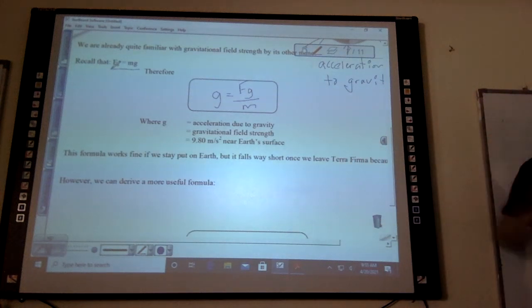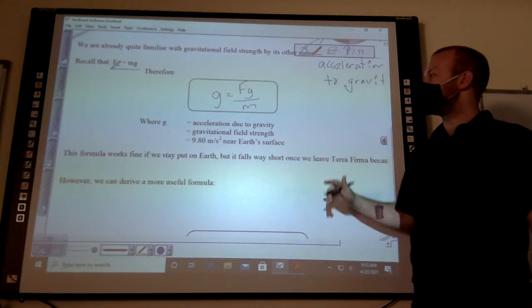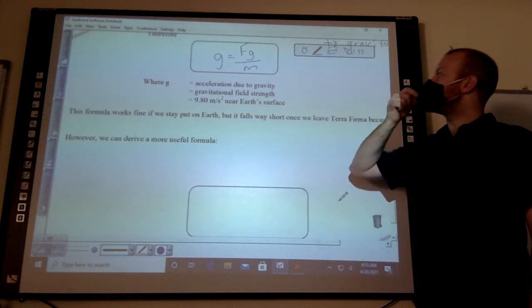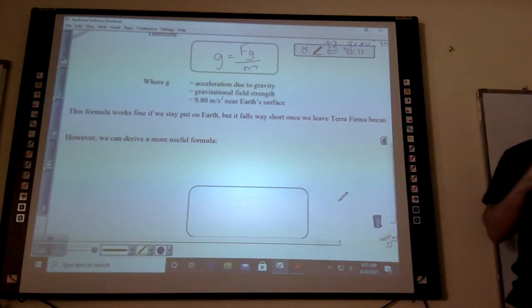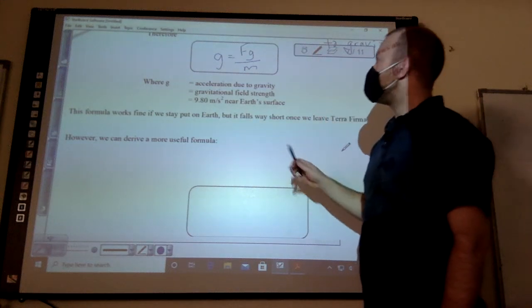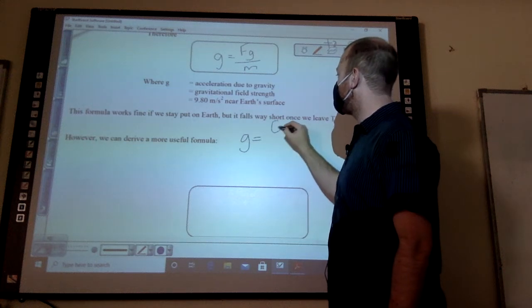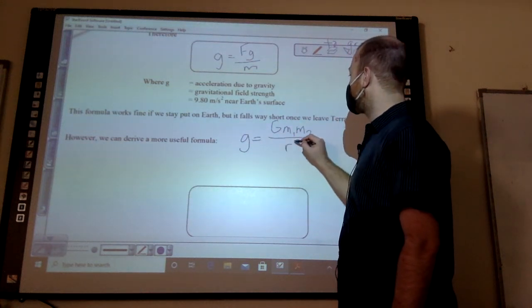You need to know both of those. Essentially on the Earth's surface, we can assume it's 9.8. However, this only works if you know either the force of gravity or the mass. Often you do not. So we can take our definition of Fg and change what Fg is.